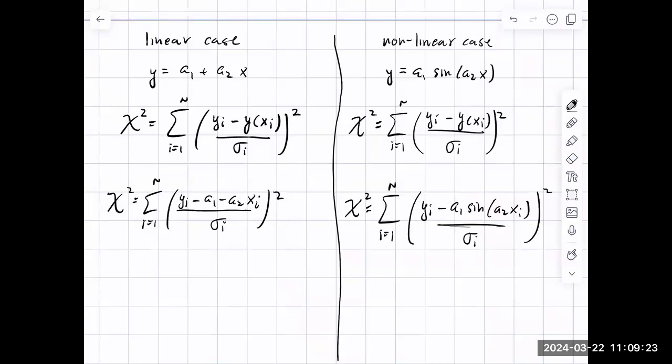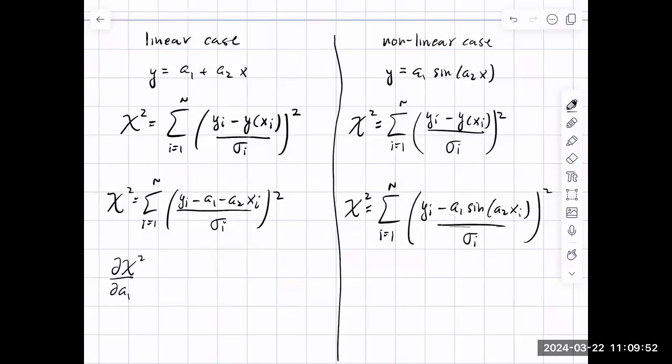Remember, we wanted a minimum chi-squared because e to the minus chi-squared was our probability, and we're using the method of maximum likelihood. So if we minimize chi-squared, we maximize that probability. The way we do the minimization is we have to evaluate these derivatives with respect to the parameters.